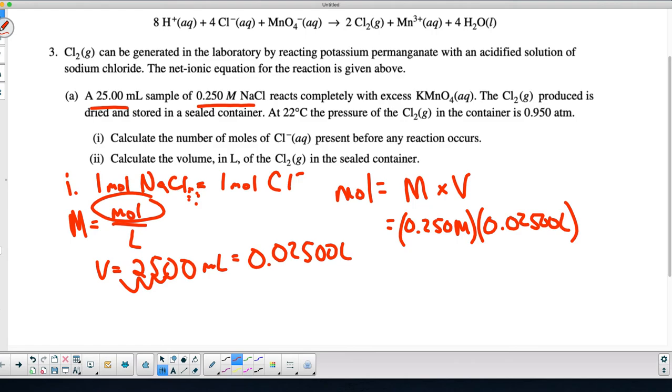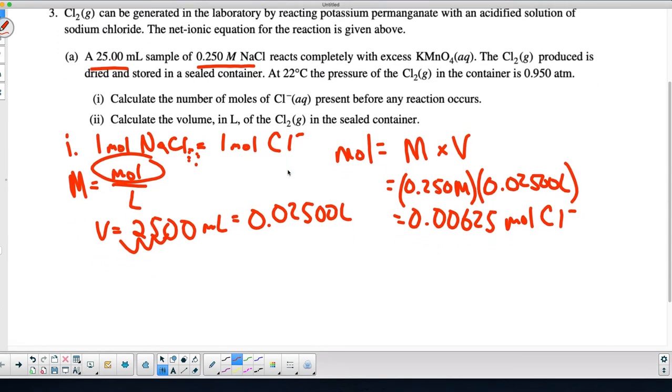Whatever the calculation is, it ends up being 0.00625 moles, and that's the Cl minus. Excellent. So that's the first part. Part I there is 6.25 times 10 to the minus third.